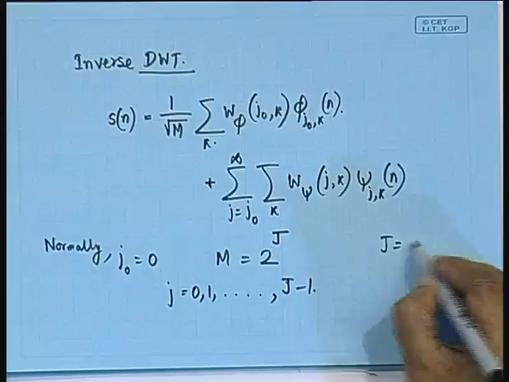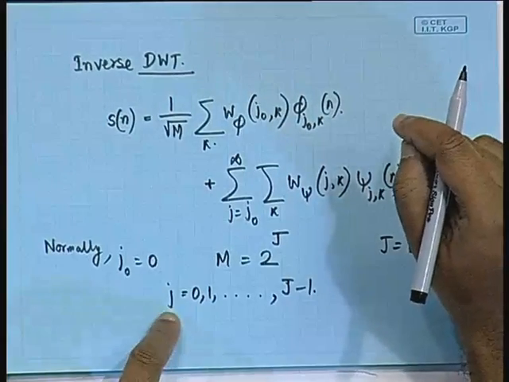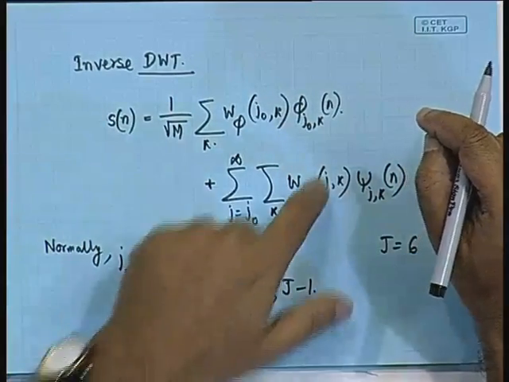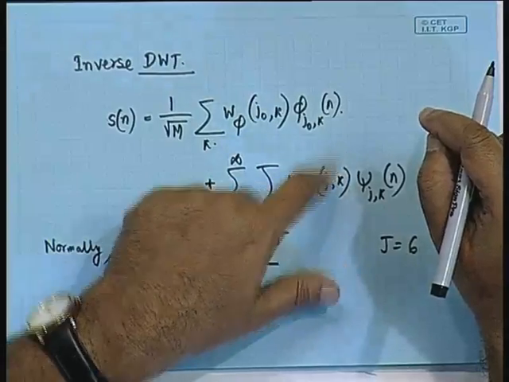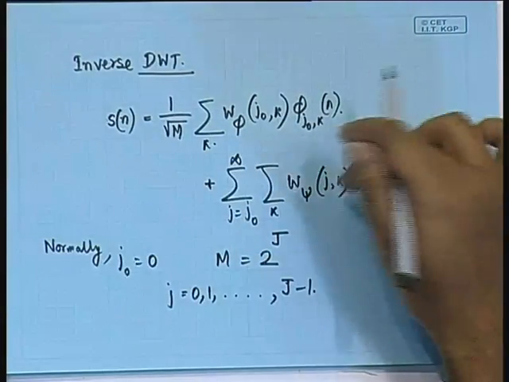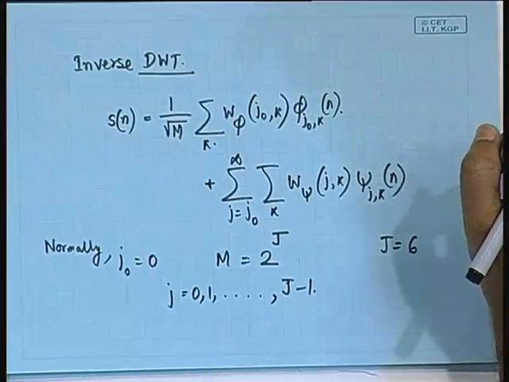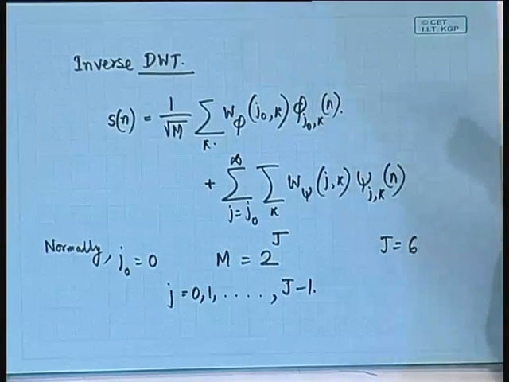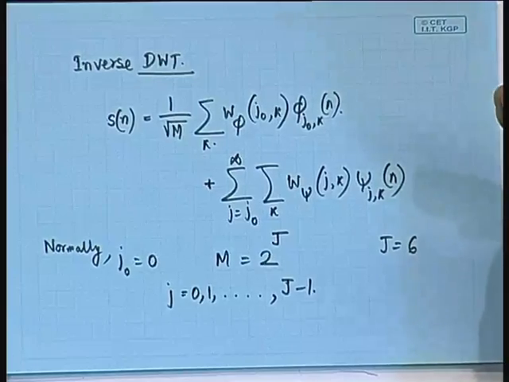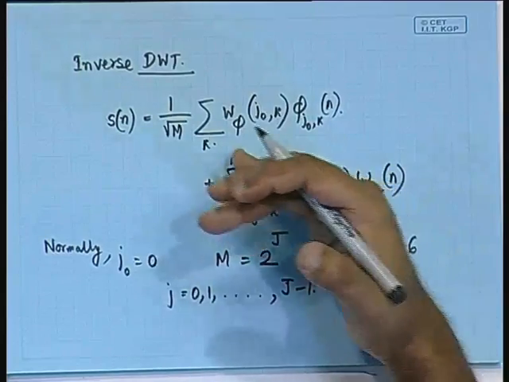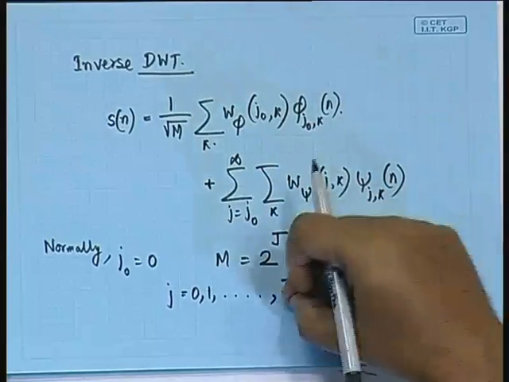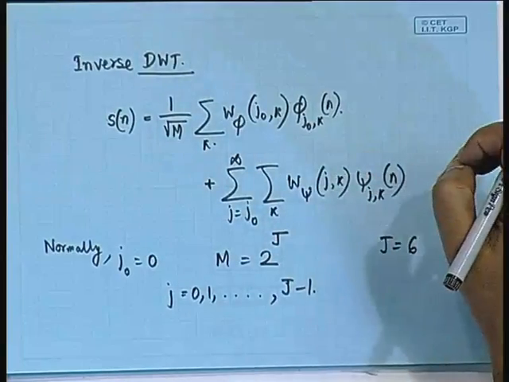So, my capital J becomes equal to 6, and in that case the summation term associated with the wavelet function, wavelet coefficient, would be having 6 terms, because there can be 6 different scales of wavelet function that we can choose, and that is why the summation will be from j is equal to 0 to j is equal to 5, because capital J being equal to 6, it is 0 to 5, that is what it becomes.